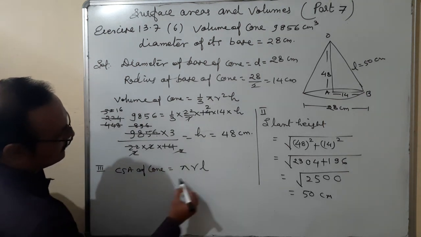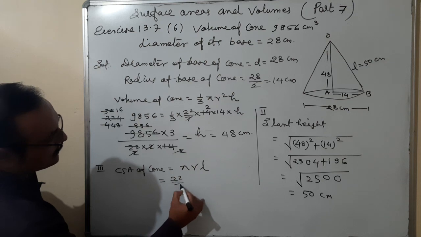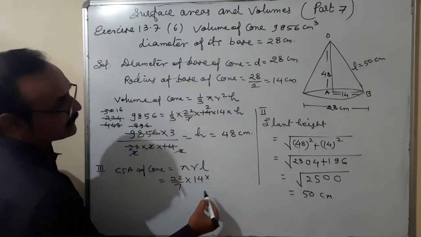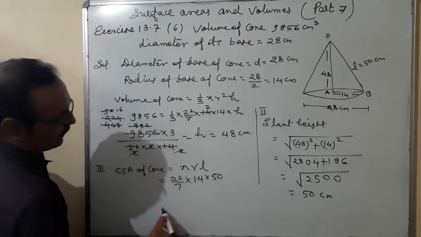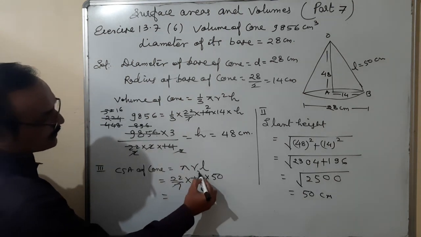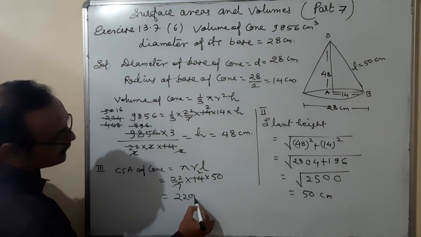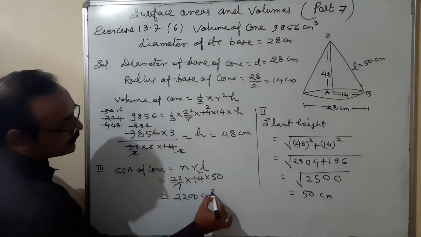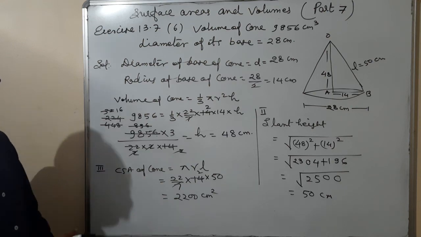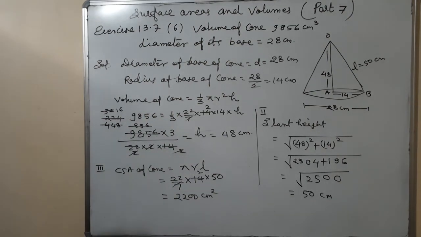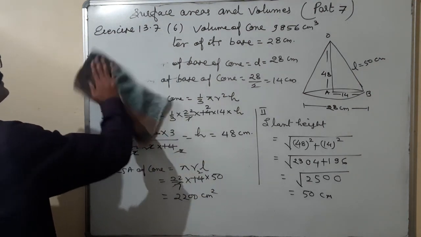Pi is 22 upon 7, radius is 14 and slant height is 50. Okay. 7 2s are 14. 22 multiplied by 100, it is 2200 centimeter, and the unit is square because it is an area. Okay. So these are the three answers, three solutions of this question number 6.